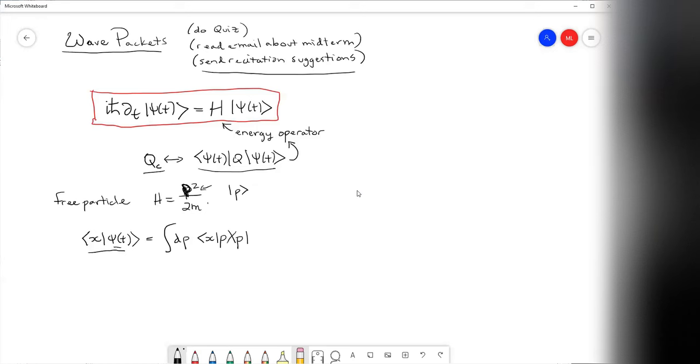So automatically here we have our little completeness relation. And instead of psi of t, we just put in now the solution to this equation. And you derived it on your homework, and we talked about it when we talked about stationary states. If H doesn't depend on time, which it doesn't here, it's just p squared over 2m, then we can just exponentiate it right away, and you get e to the minus iHt over h bar acting on psi 0, the initial state.